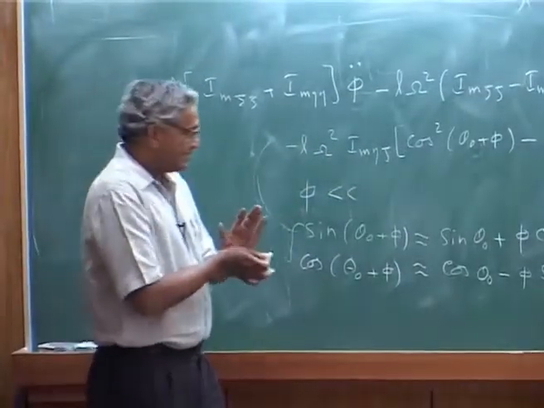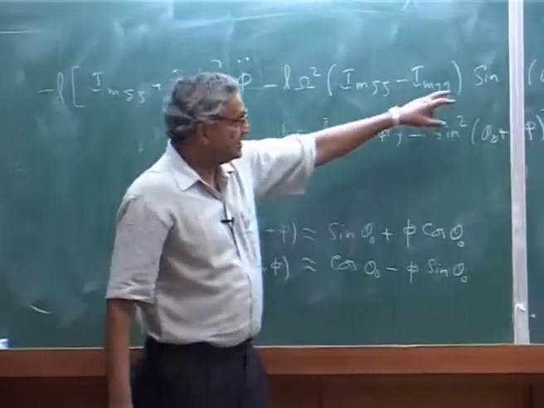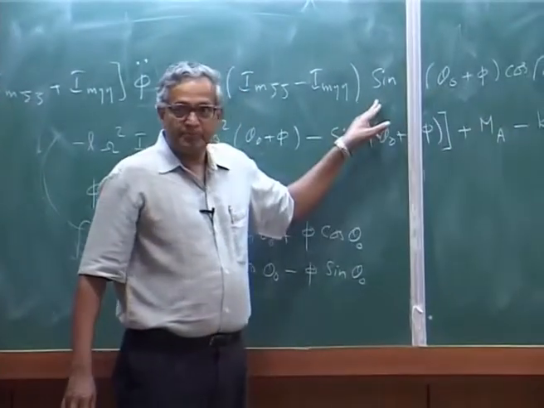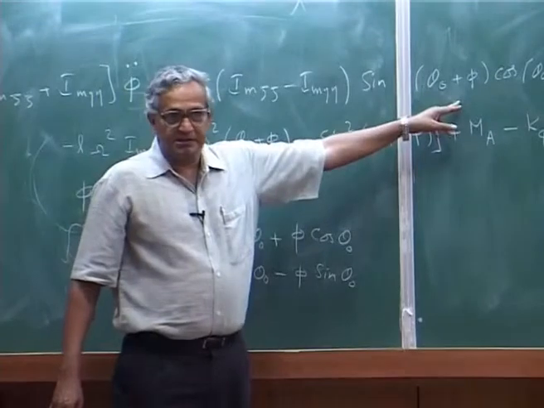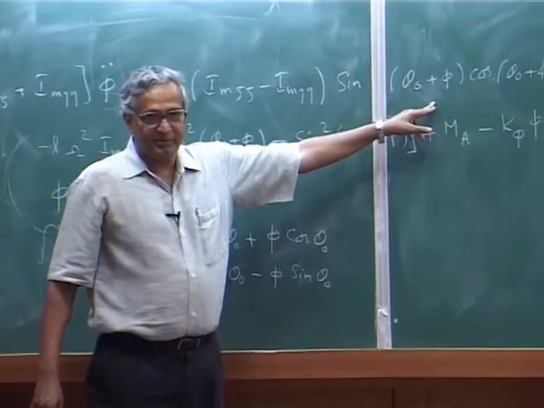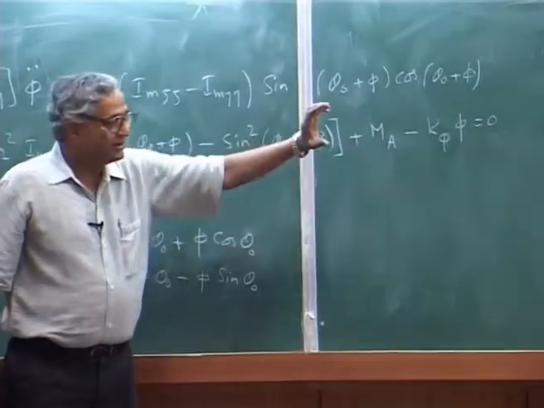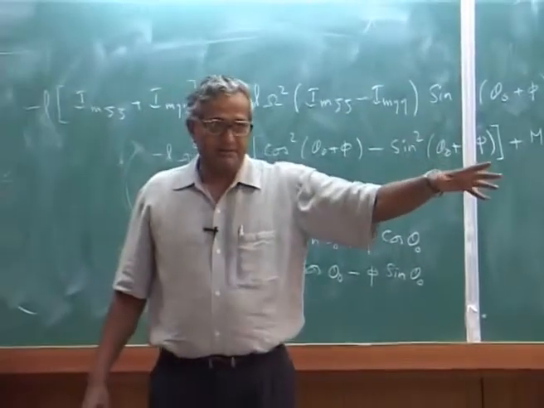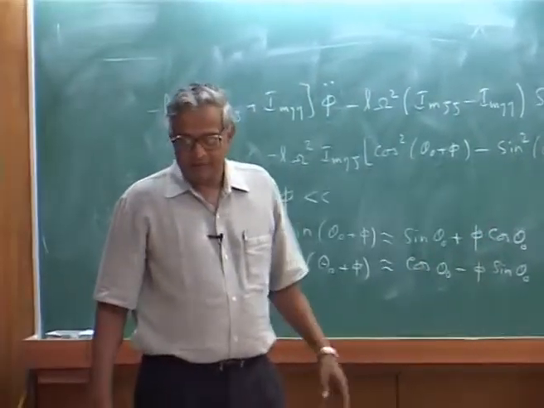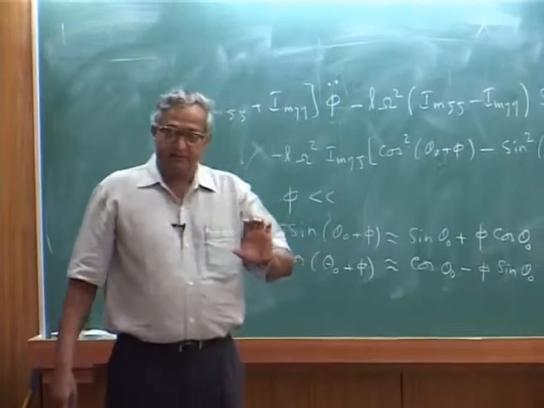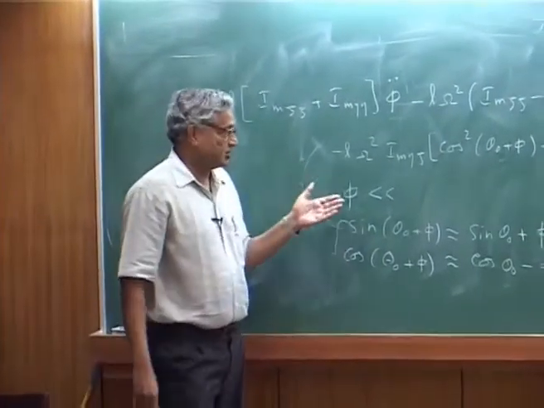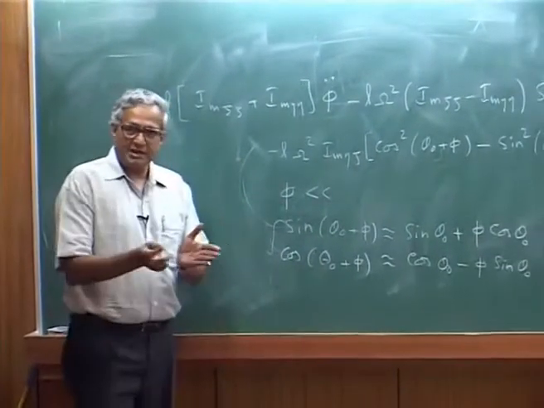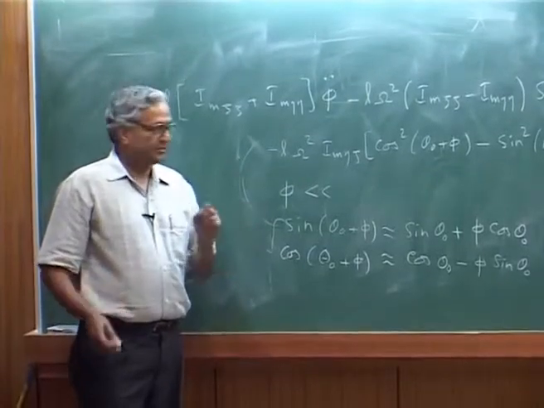You can collect the terms in phi, because otherwise in this form the equation is nonlinear. Even the isolated torsion equation is a nonlinear equation. But the pitch angle which you set, that is theta 0, can be a large angle, that is the pilot input.